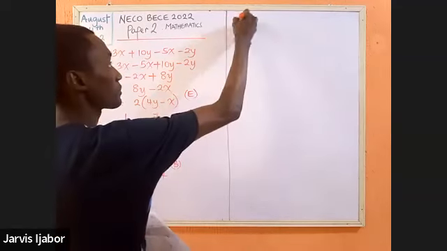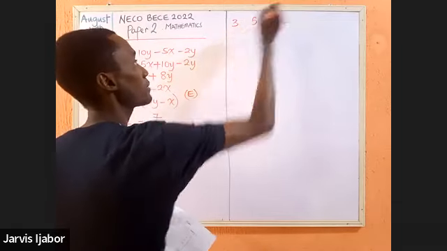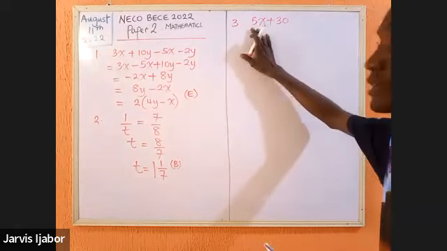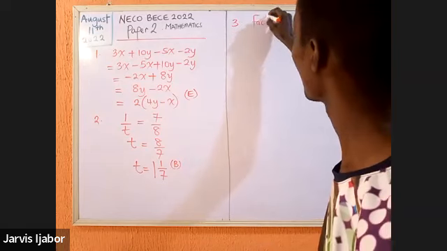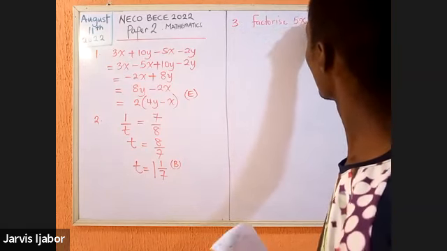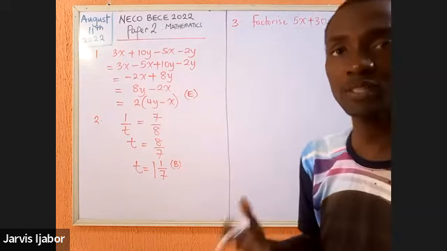Question number 3 says, 5x plus 30, that we should simplify, or rather factorize. So maybe I should write that on the board so that you see it. Factorize 5x plus 30. Here, your concept of HCF is being tested.